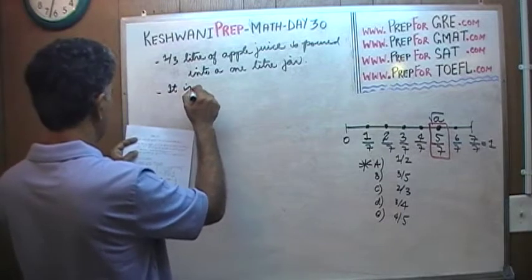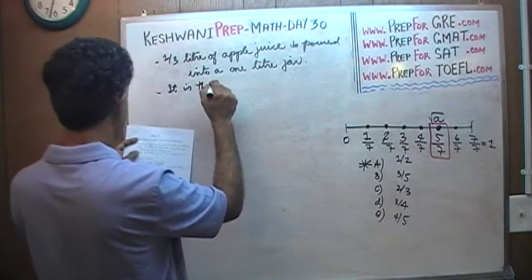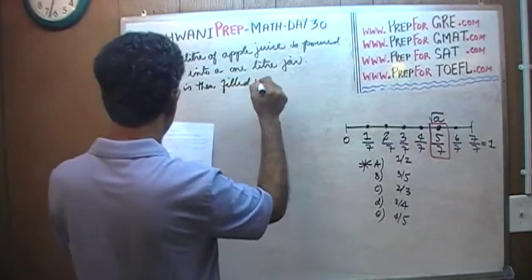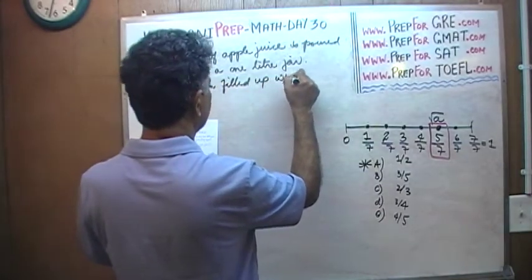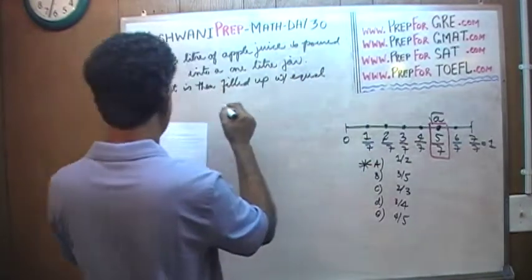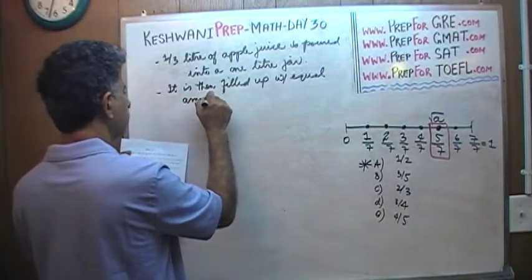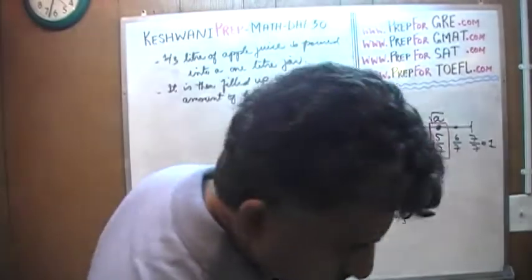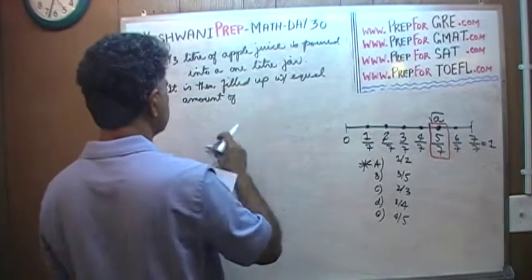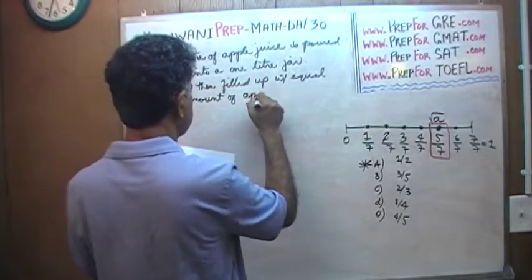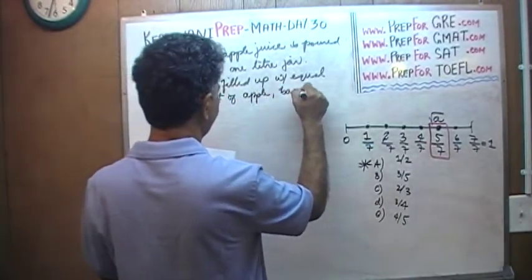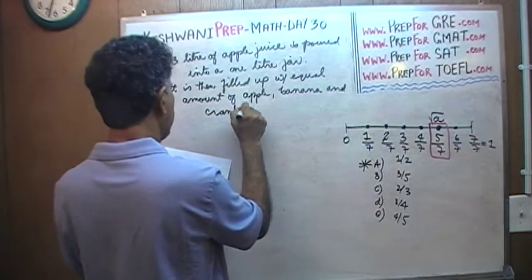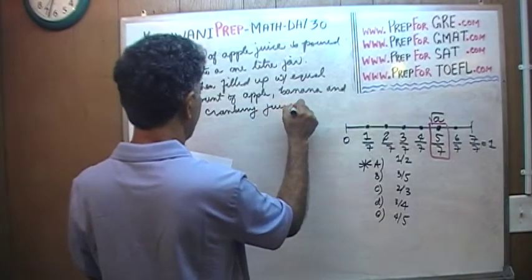is then filled up with equal amounts of apple, banana and cranberry juice.